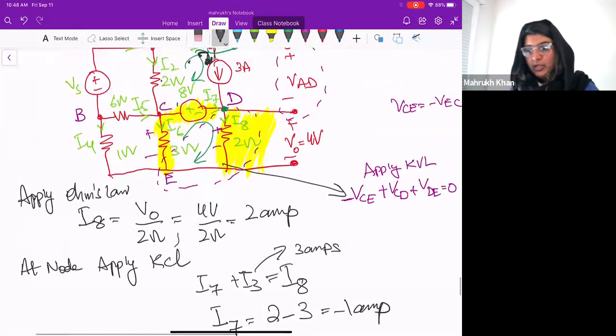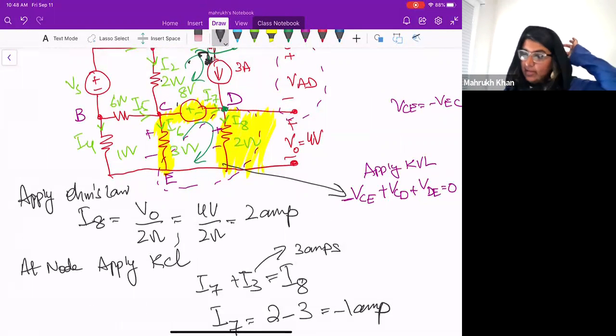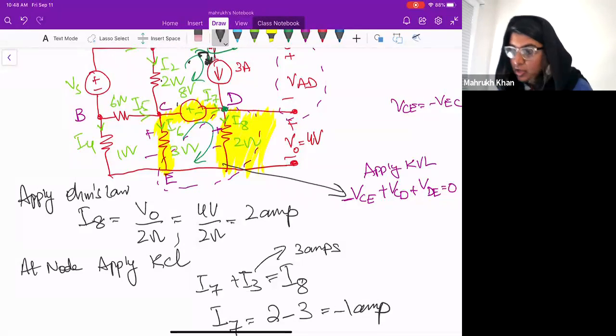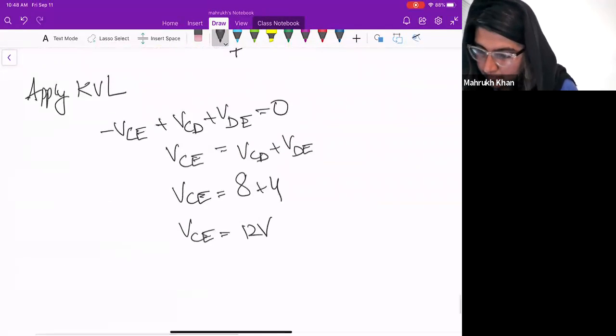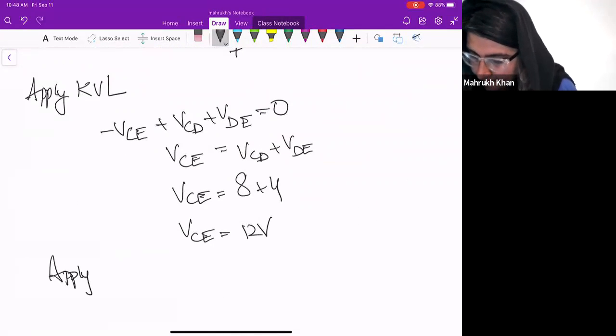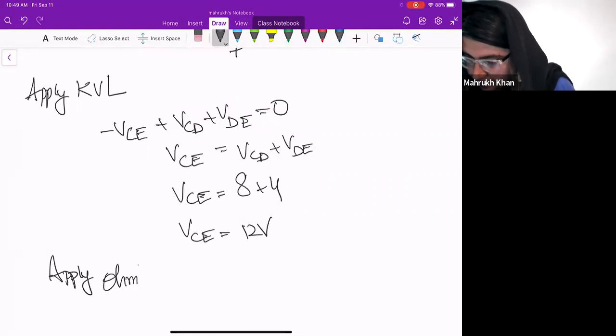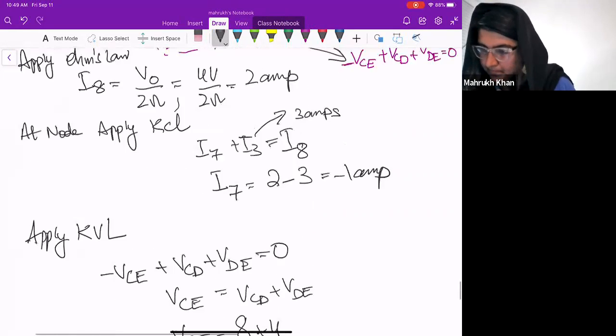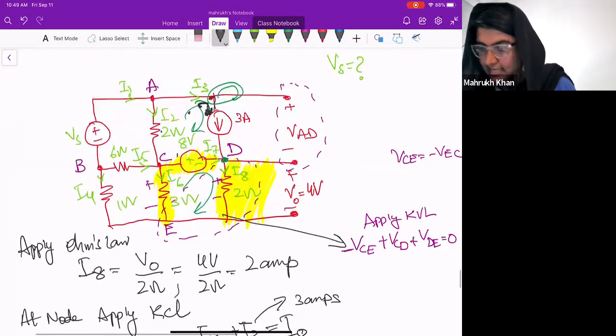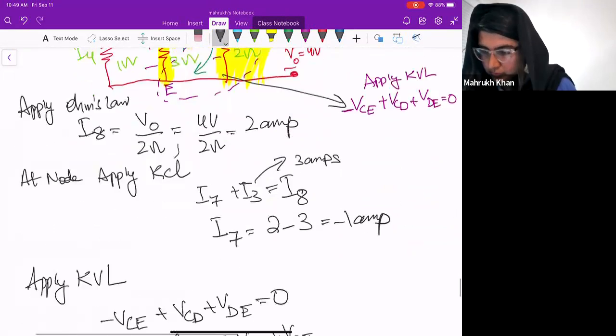So now we know VC, we can find I6, right? Immediately I can find I6. So let's try to find this. It's Ohm's law. And I6 is VCE divided by 3 ohms.